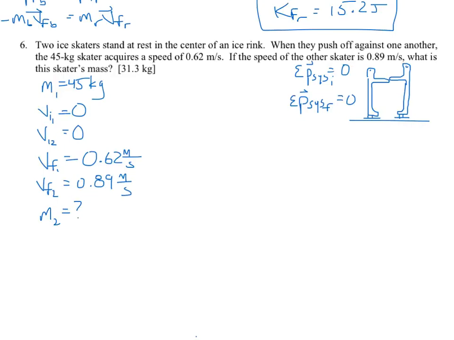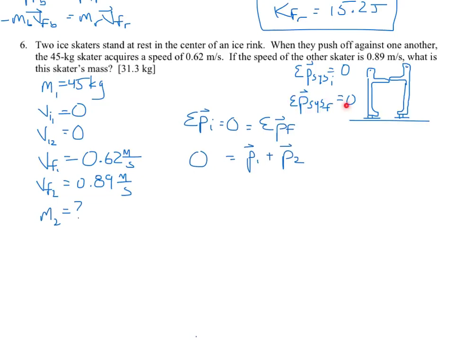Once again, we can say that the total initial momentum of the whole system is 0, and that's going to be equal to the net momentum final of the system. So 0 equals the final momentum of the system, which is the momentum of person 1 plus the momentum of person 2.